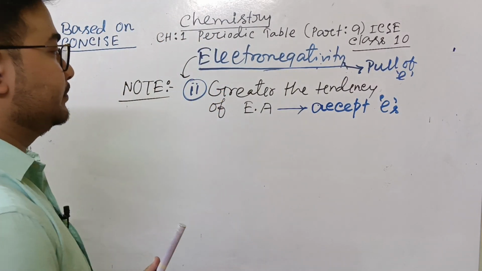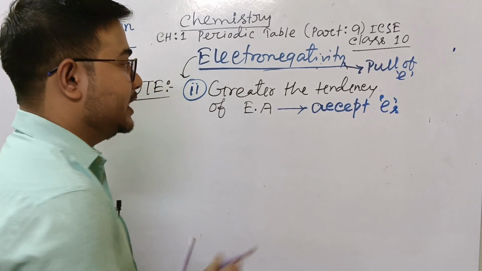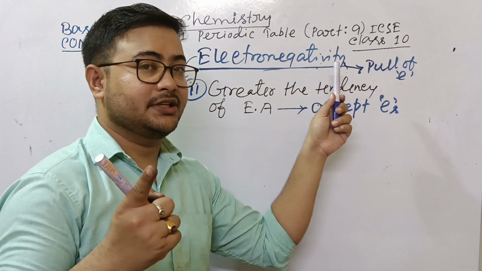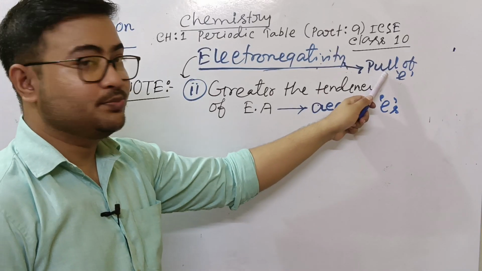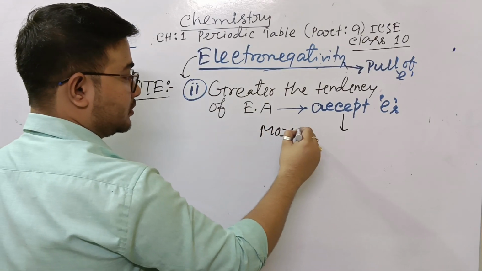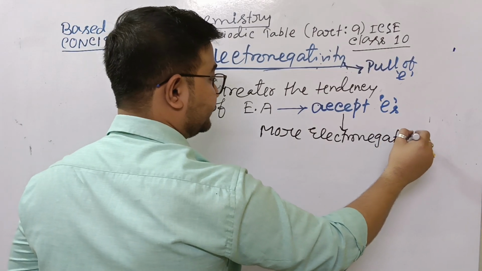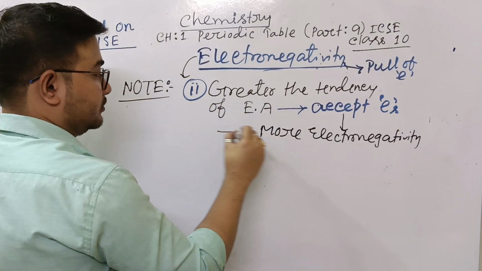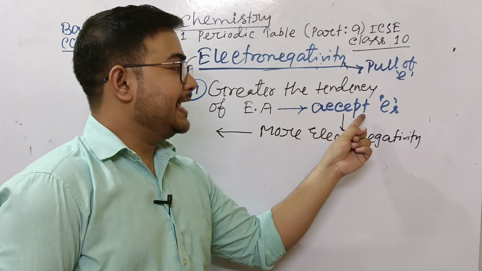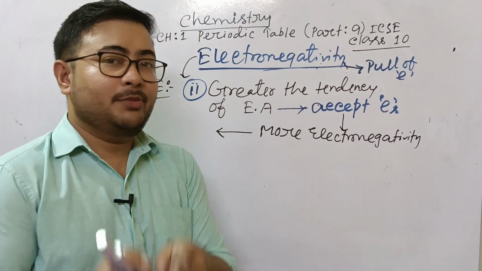Now tell me, if it has a tendency to accept electrons, does that mean more electronegativity or less? Obviously, accepting electrons means pulling electrons, both are the same, so more electronegativity. Now, if it accepts the electron, is it metallic or non-metallic character?